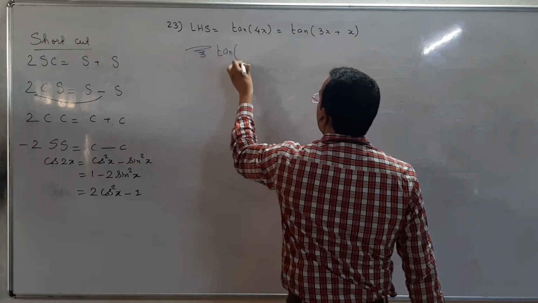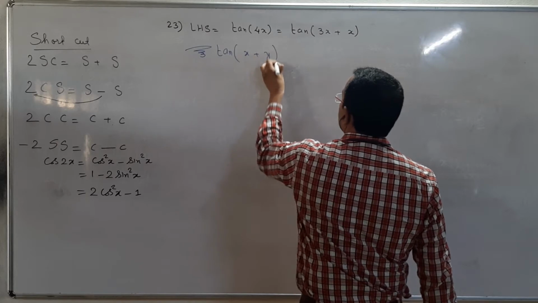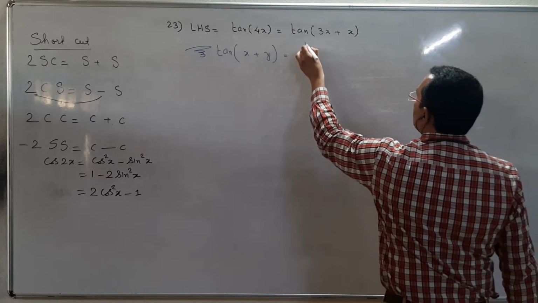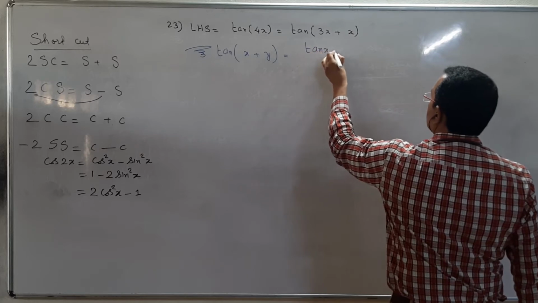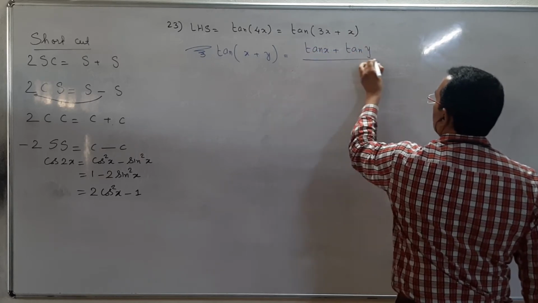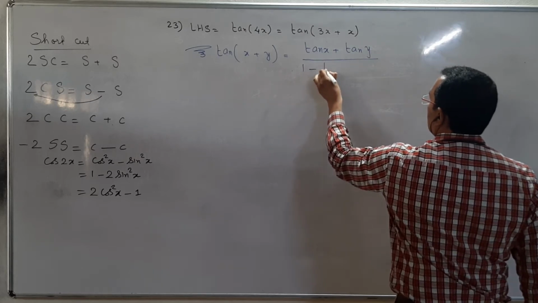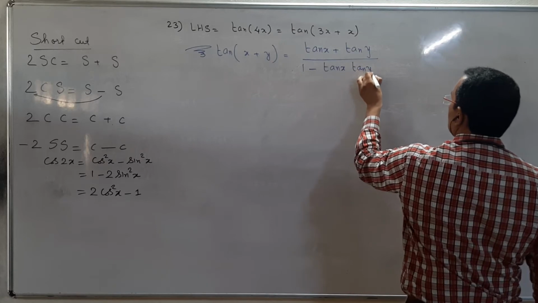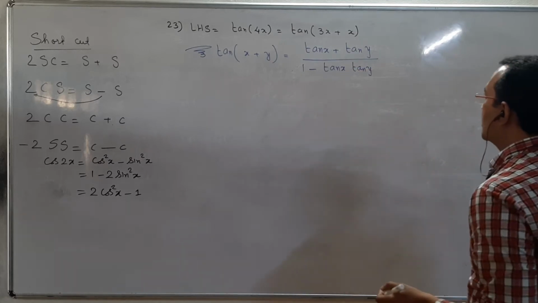Tan of x plus y is equal to tan x plus tan y upon 1 minus tan x into tan y.